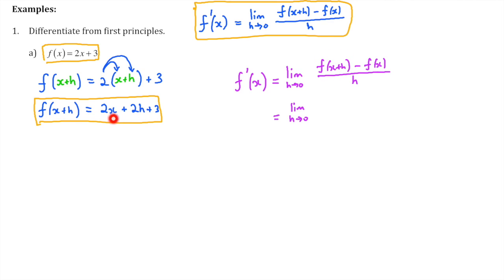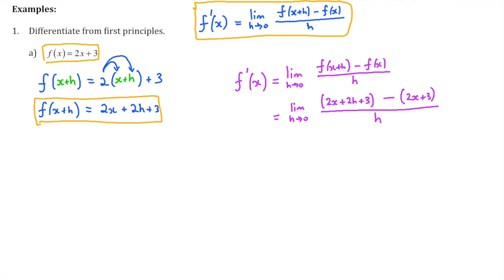Well, I know f of x plus h equals 2x plus 2h plus 3. So, I'll go 2x plus 2h plus 3 minus, what do I put in place of f of x? Well, I was told in the question what f of x was equal to. F of x is equal to 2x plus 3. And that's all over h.